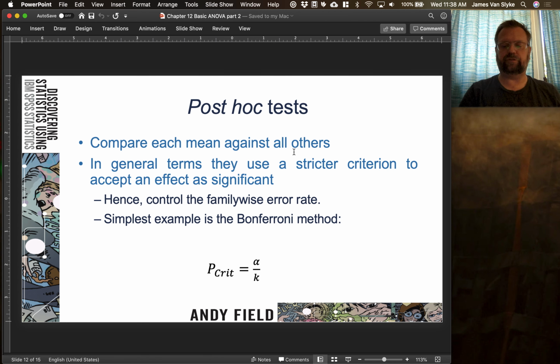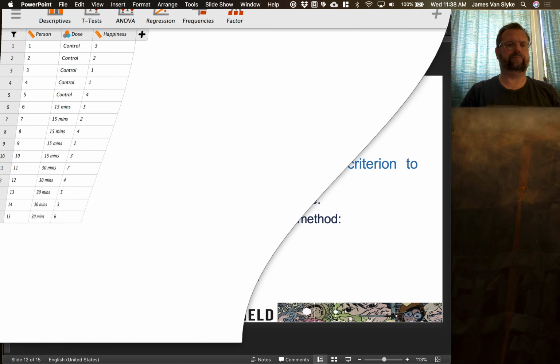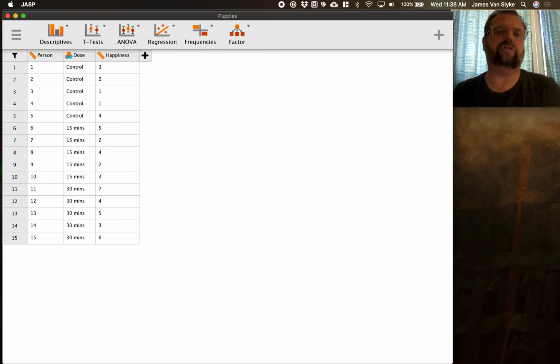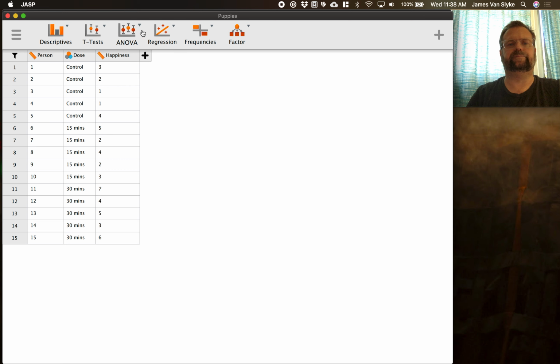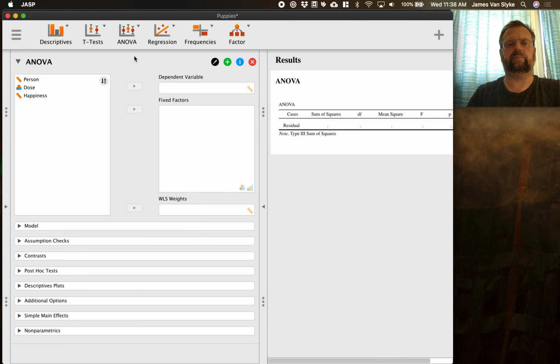Okay, so before we move to post hoc tests, let's go ahead and look at the puppy therapy data and go through how to do these types of planned contrasts. So we go to ANOVA, click on ANOVA.